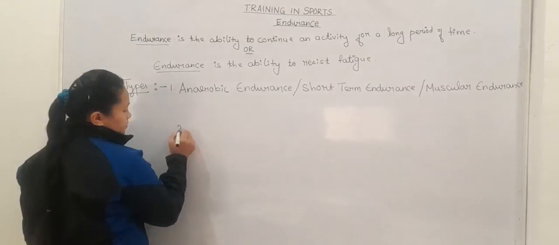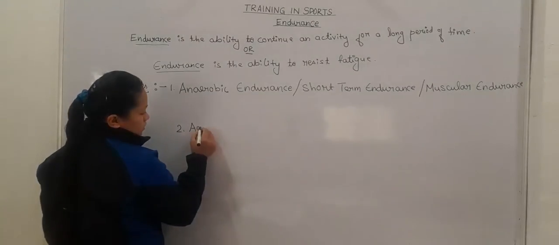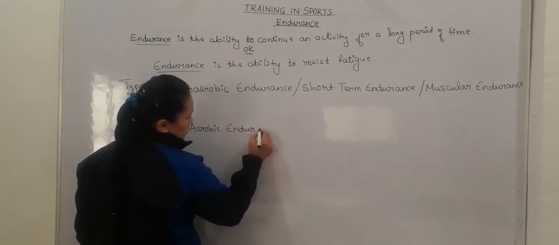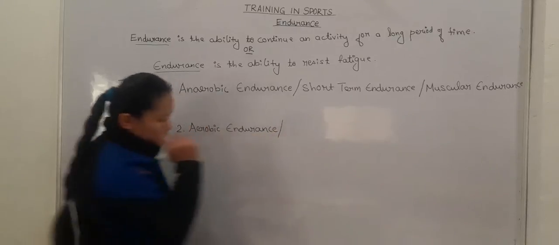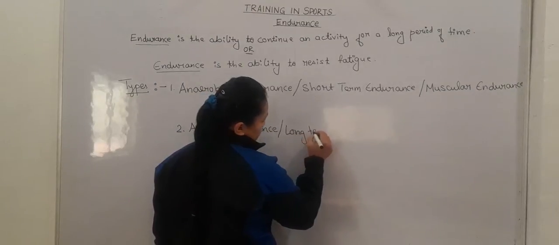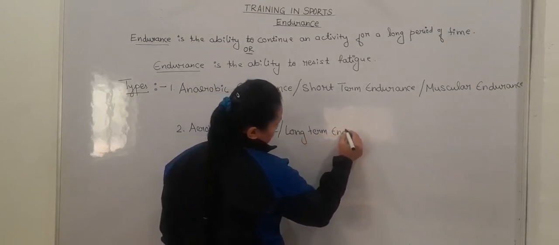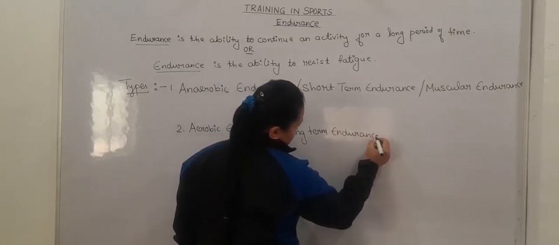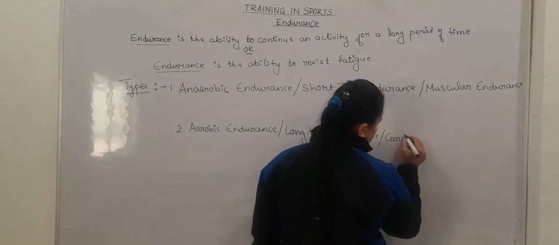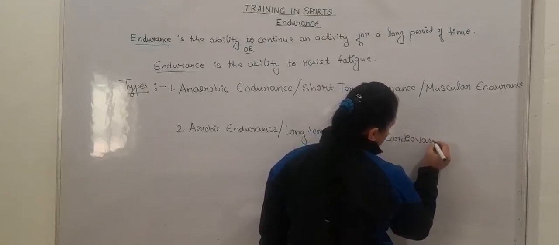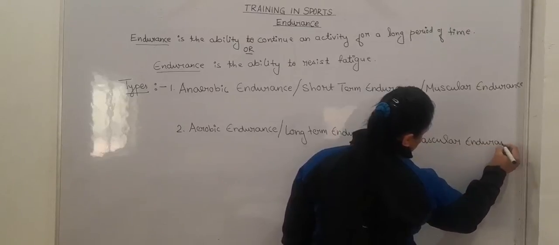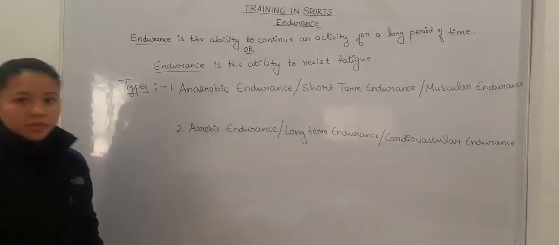And second is aerobic endurance, or we can say long-term endurance, or cardio endurance. These are the two types of endurance.